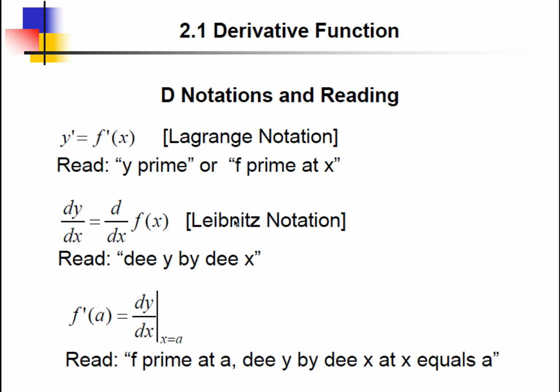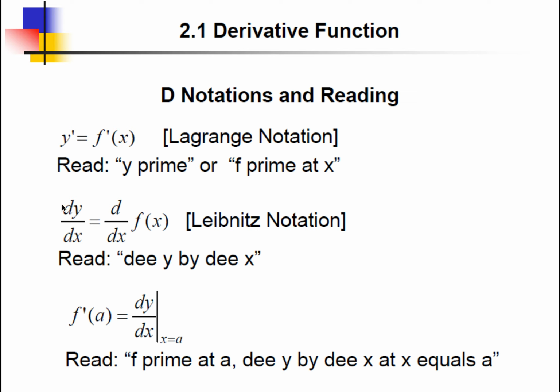Or we have Leibniz notation, which is dy by dx. Remember that it is the difference in y divided by the difference in x. This is technically the slope, y minus y over x minus x.